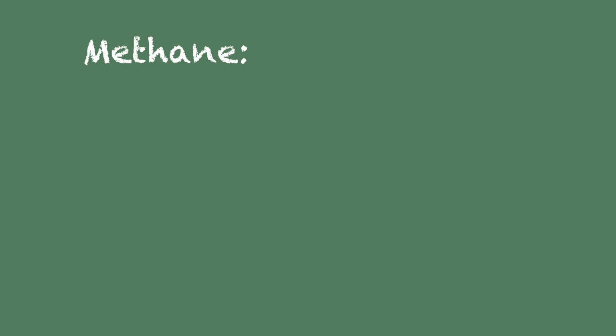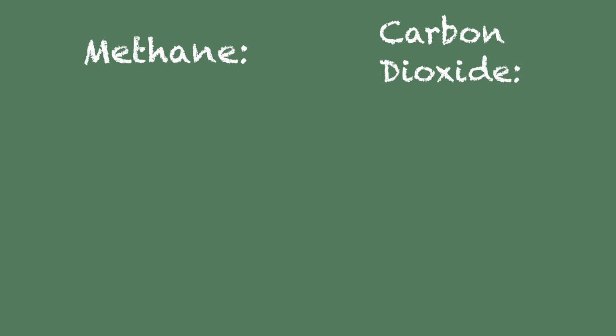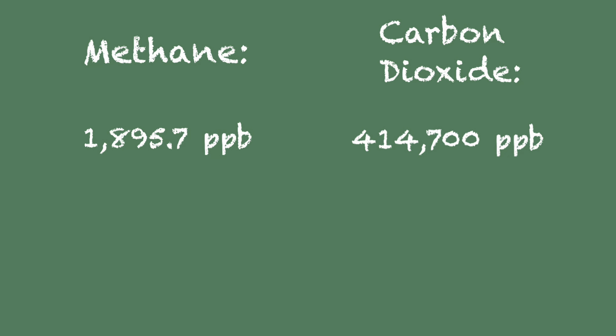To give you an idea of the scale of this issue, in 2021, methane levels in the atmosphere were measured at 1,895.7 parts per billion. Carbon dioxide levels in 2021, in comparison, were measured at around 414,700 parts per billion.